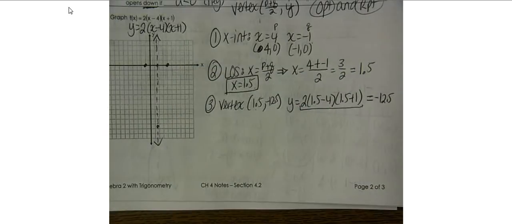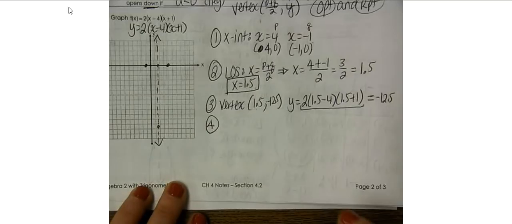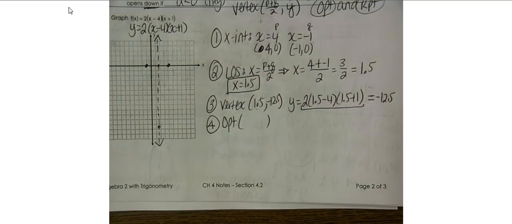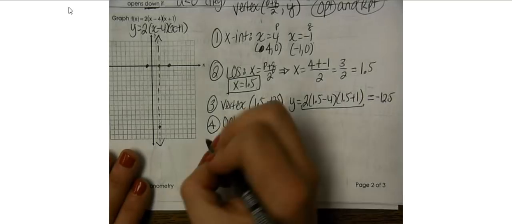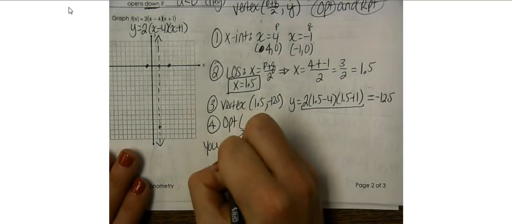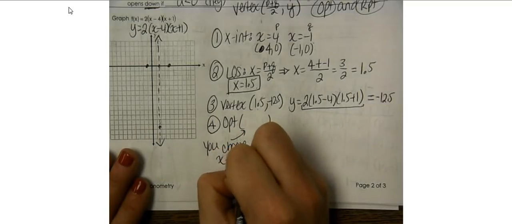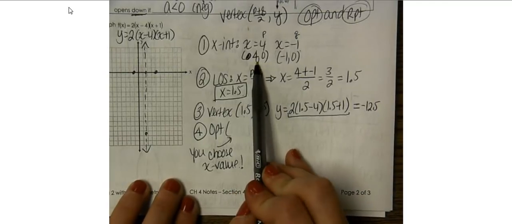Now the last thing that you need to identify is an OPT and an RPT. Your OPT represents one other point where you personally choose the x value. I would recommend that you choose an x value that's relatively small. We always have to choose an x value that has not been used. You cannot use 4, you cannot use negative 1, and you cannot use 1.5.